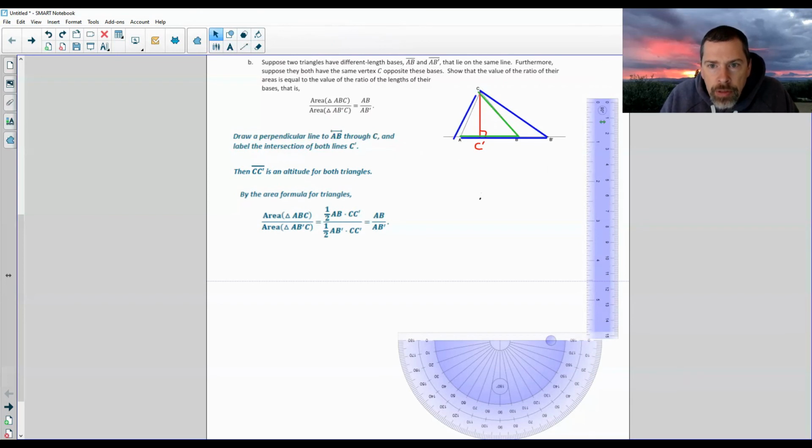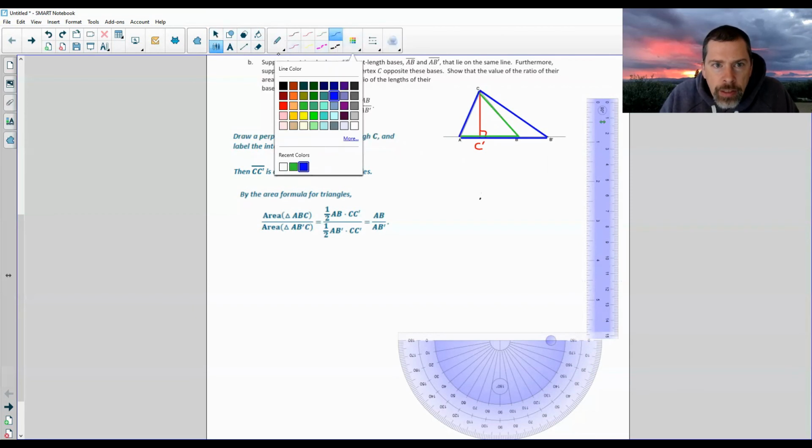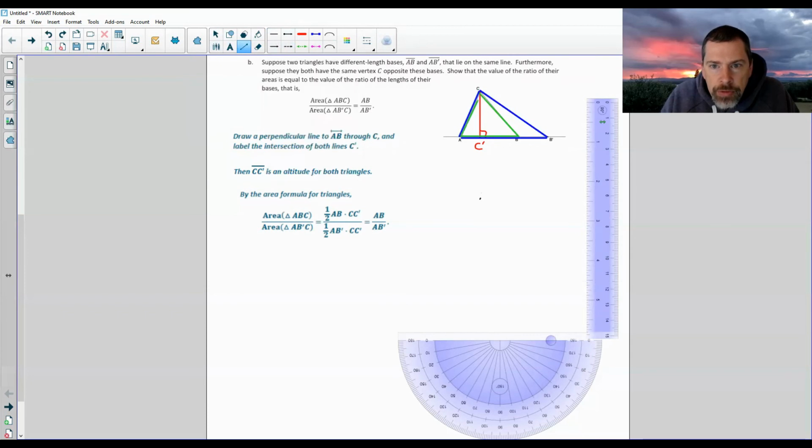Okay, so where'd my green side go? My green side's gone. All right, let me do this again. I'm missing a side of my green triangle. So that's right here. Okay, so now hopefully you can see the two triangles.